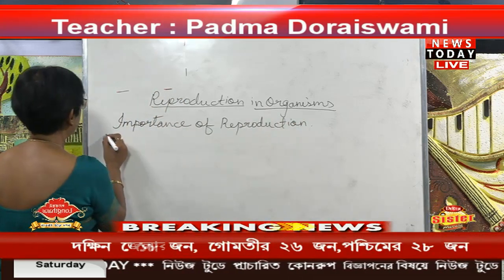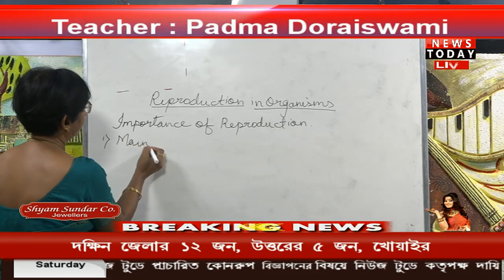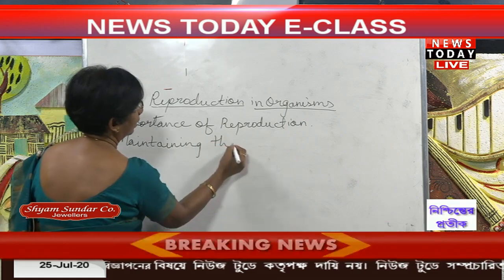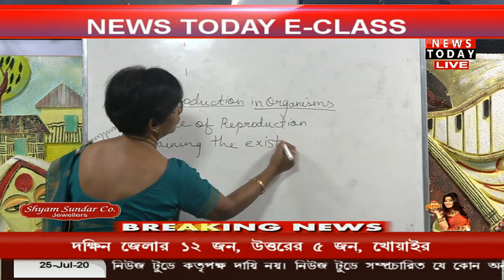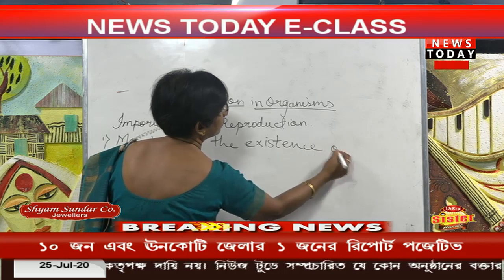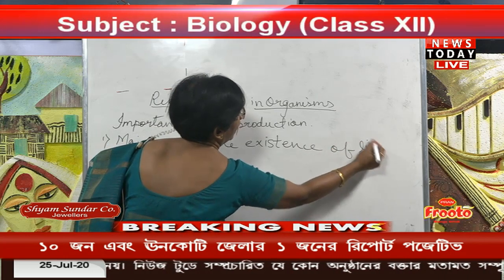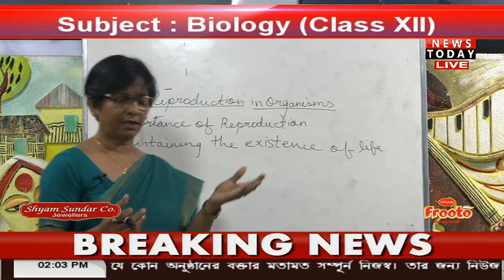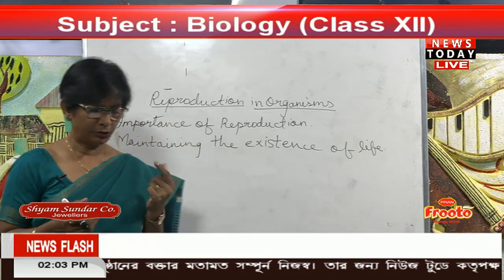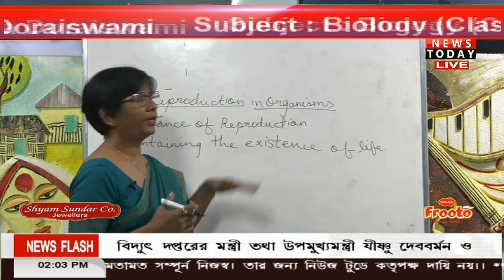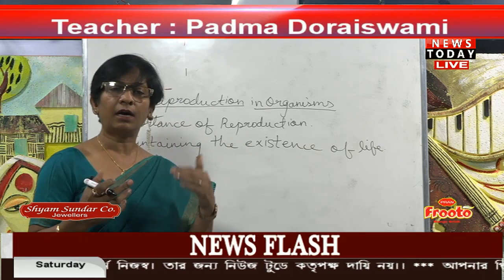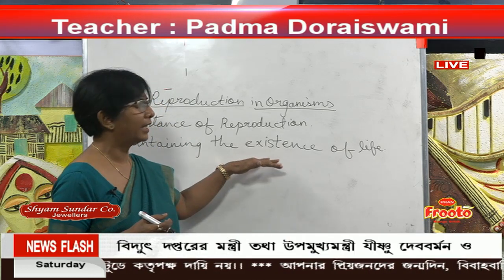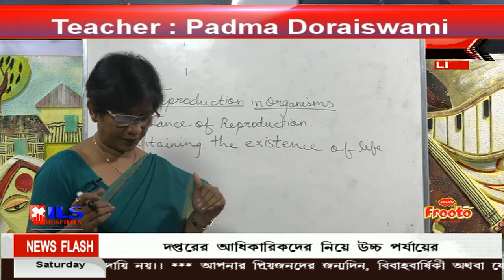So first one is maintaining the existence of life. As you all know, we are getting life on the surface of the earth. If there is no life, it will be barren on the surface of the earth. So reproduction is very necessary. That's why life exists on the surface of the earth.